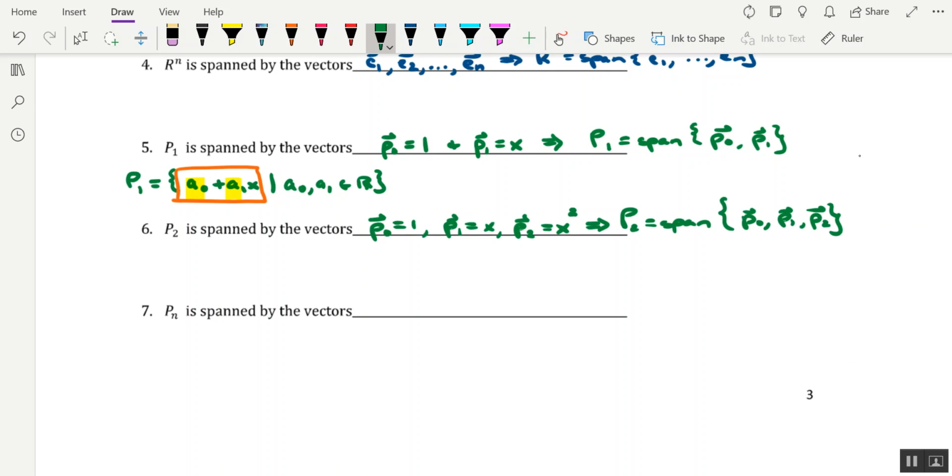So in general, we are going to need n plus 1 polynomial vectors to generate any given polynomial space.